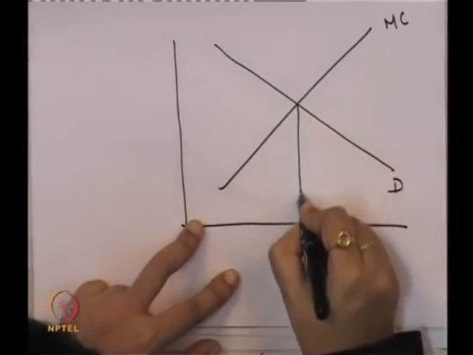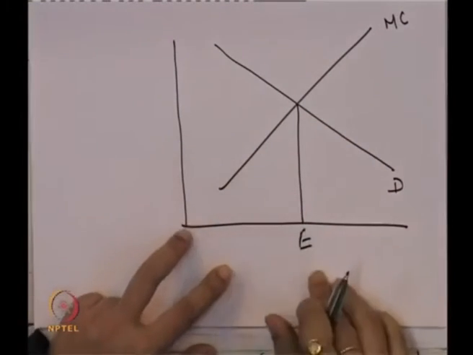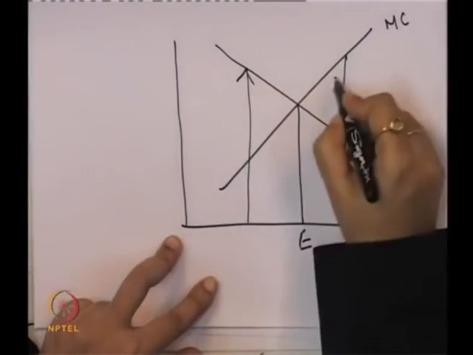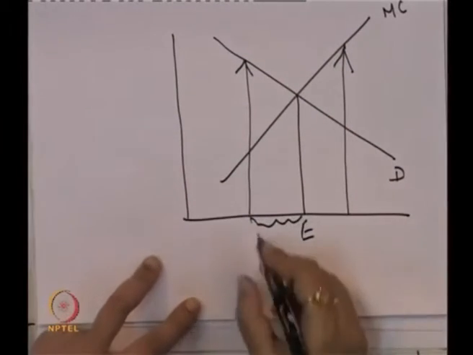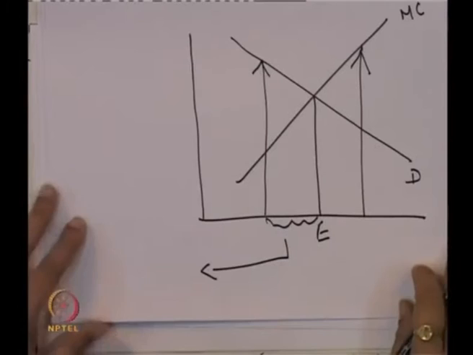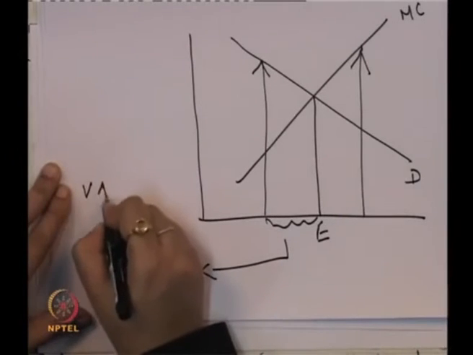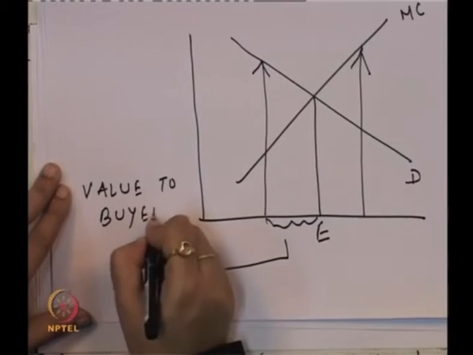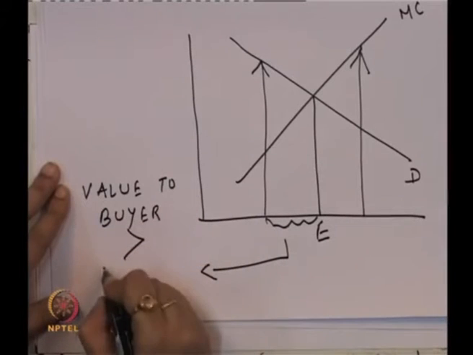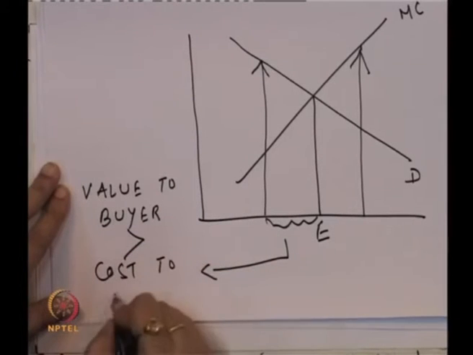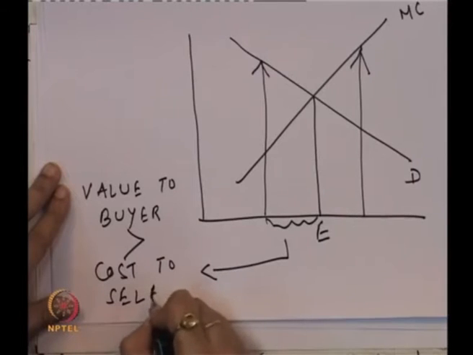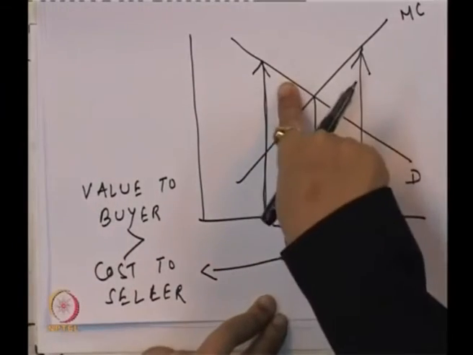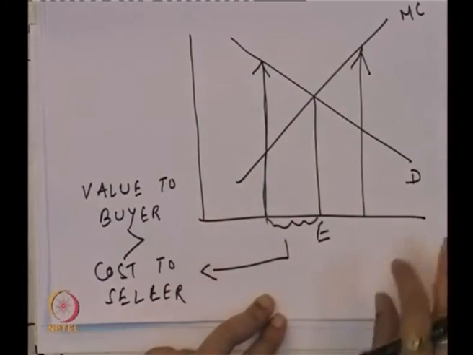This is the efficient quantity, and in this segment, the value to buyer is greater than cost to seller, because the demand curve is lying above the marginal cost curve.